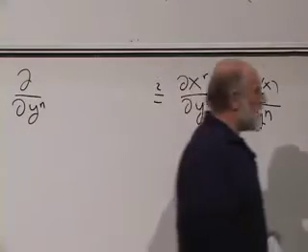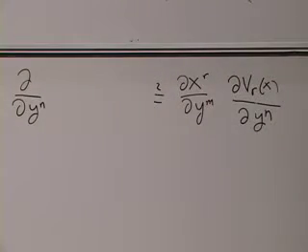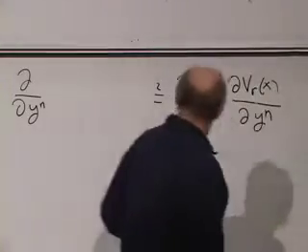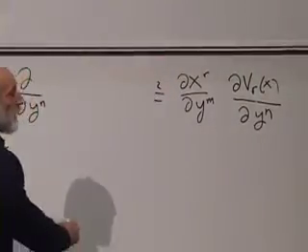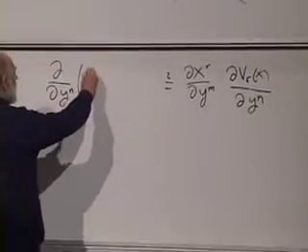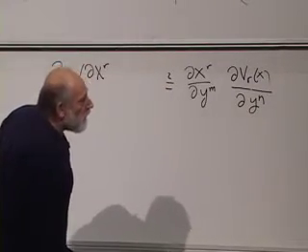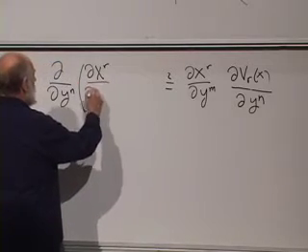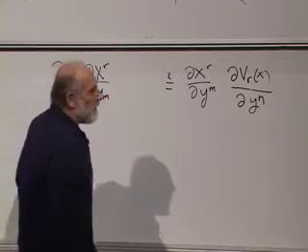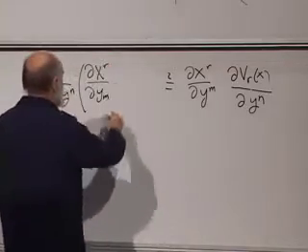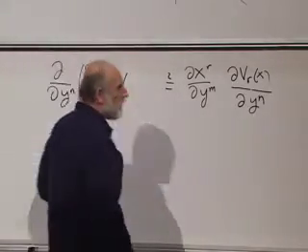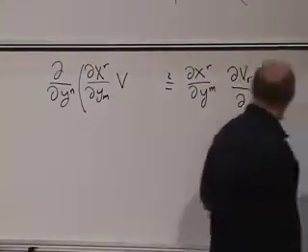I realize that this is a bit tedious and a nuisance, but I wanted to do the whole thing. What is it? dxr by dym, and then Vr of x.